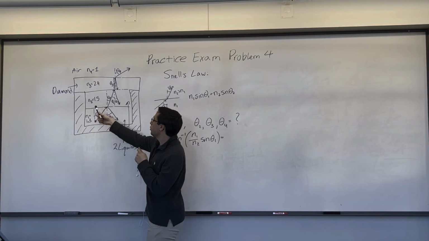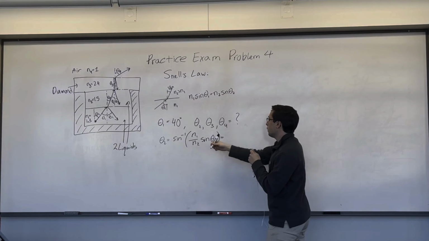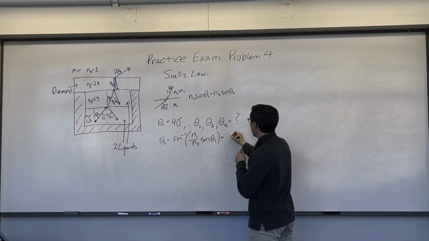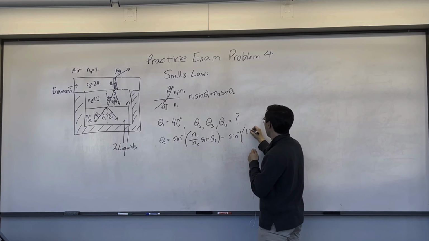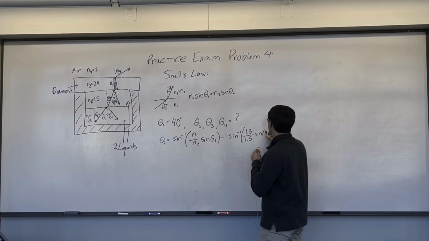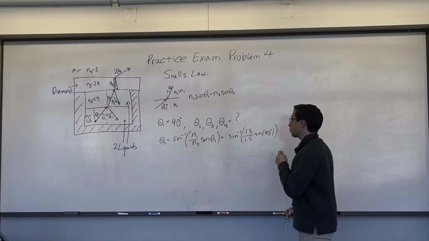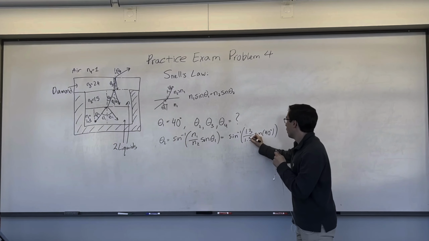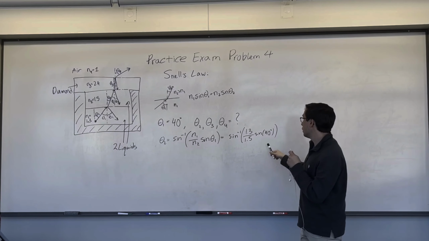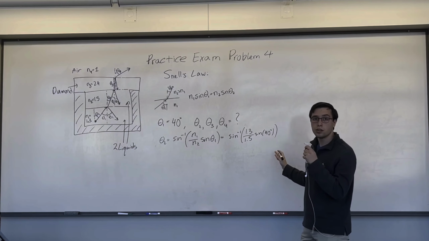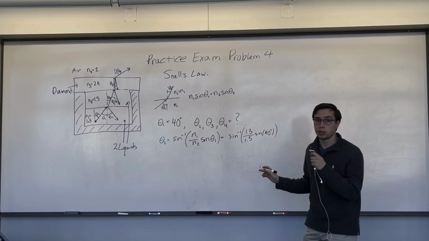I've labeled them here. So for example, in this case, we have n1 = 1.3. So this is the same as the arc sine of 1.3 over 1.5 times sine of 40 degrees. Okay, and we can do this out, or we can leave it like this. For now, I'll leave it like this, and you'll see in a second why.